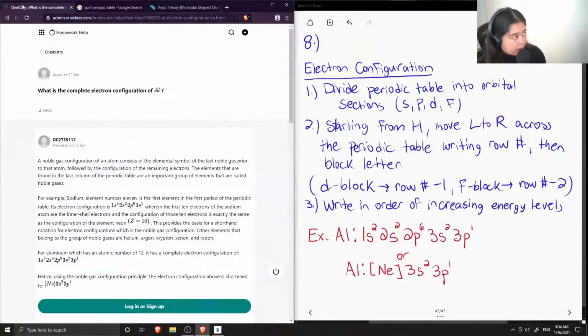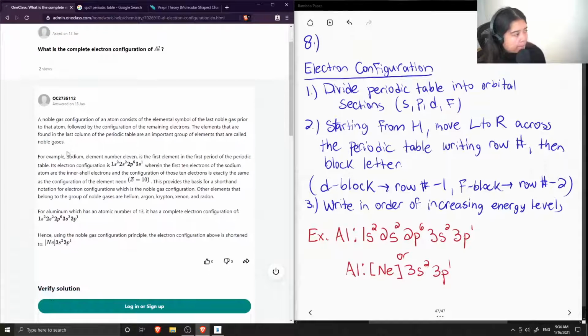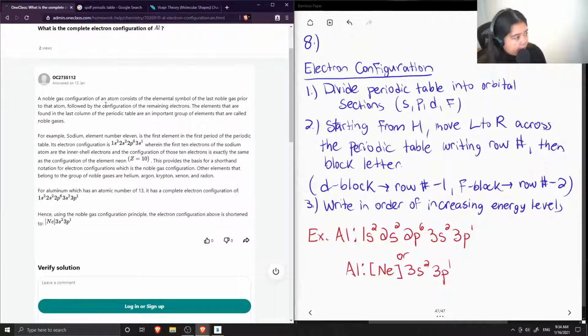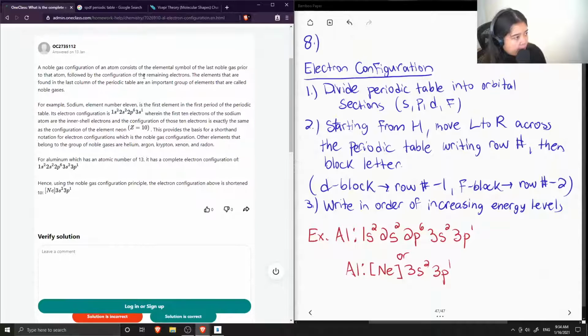Okay, so let's see what the junior tutor said. A noble gas configuration of an atom consists of the elemental symbol of the last noble gas prior to that atom, followed by the configuration of the remaining electrons. Elements that are found in the last column of the periodic table are an important group of elements called the noble gases.